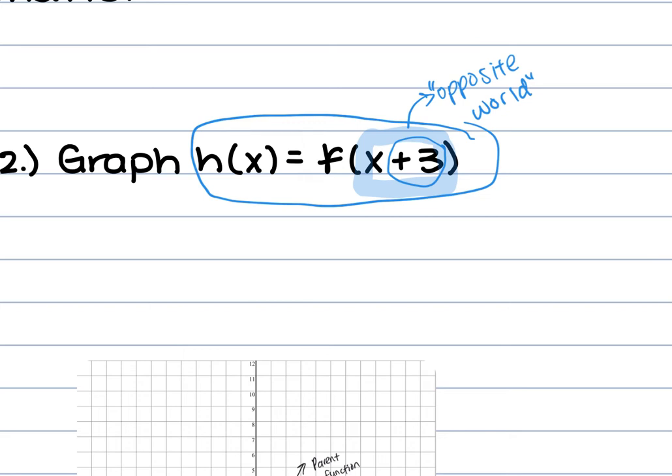Now, how opposite world works is anything that happens in opposite world, it's not going to be what you think. So if we were to add 3, we know that this is a horizontal shift, because if you remember from our core concept, if you're adding something and it's inside those parentheses, it's going to be a horizontal shift, right?